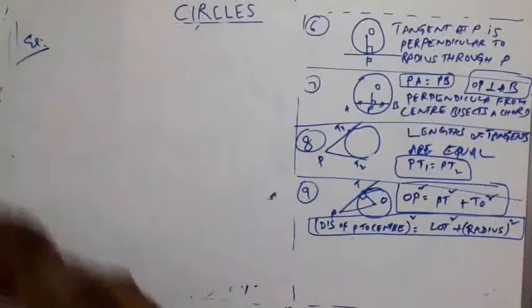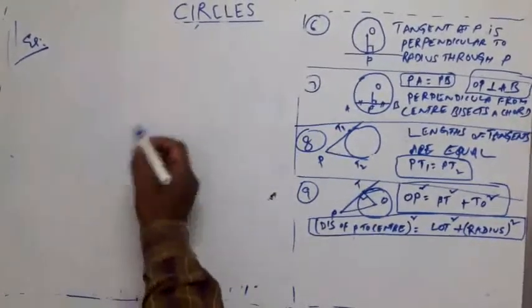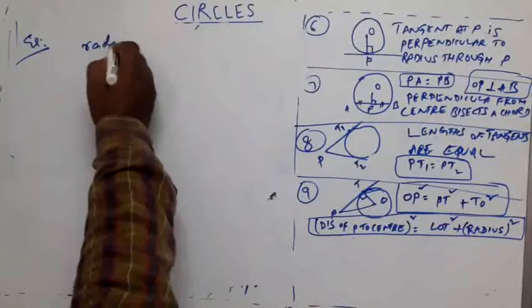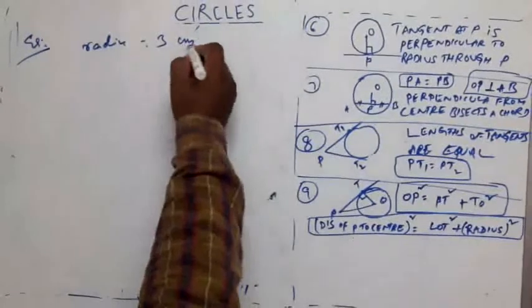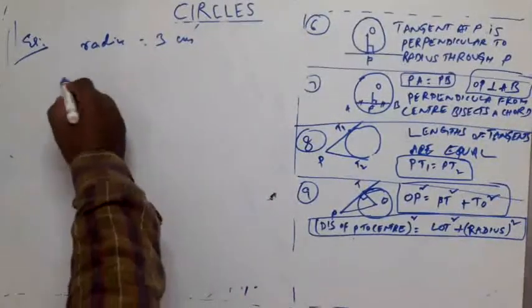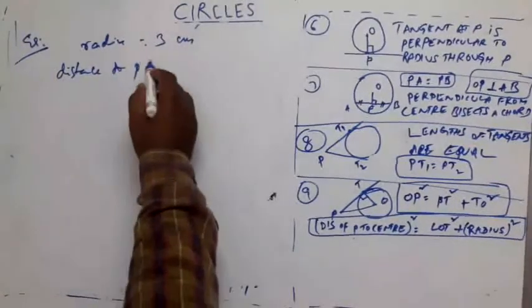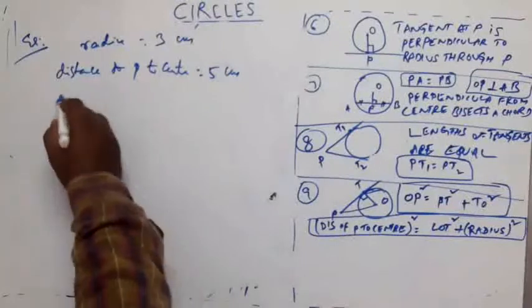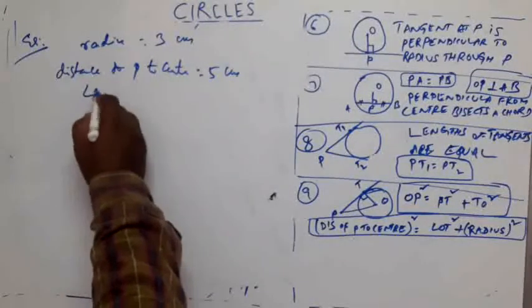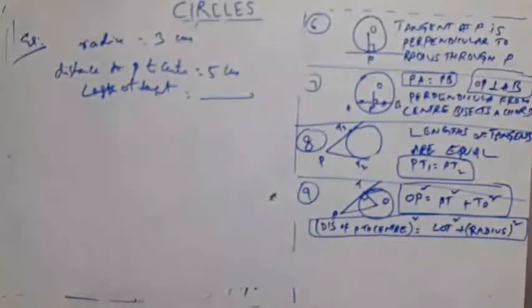See, some example I am taking. For a circle, radius is 3 centimeters. Distance of an external point P to center is 5 centimeters. What is length of tangent from P to the circle? That is my question.